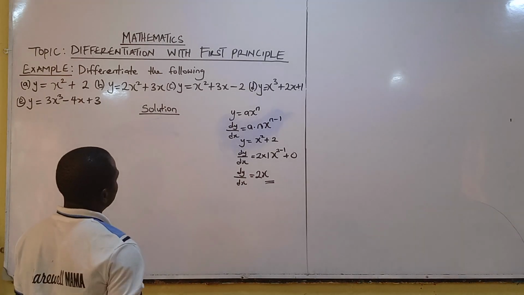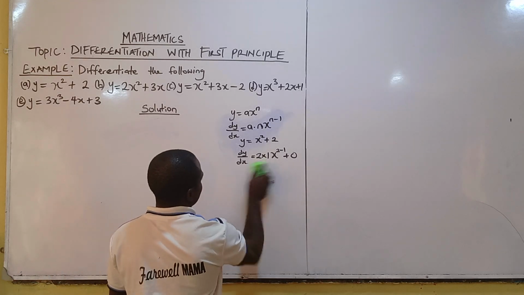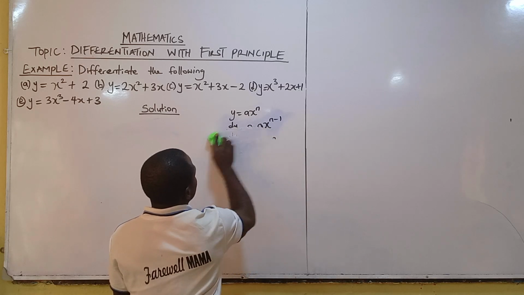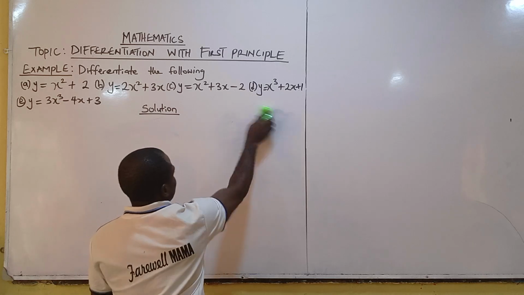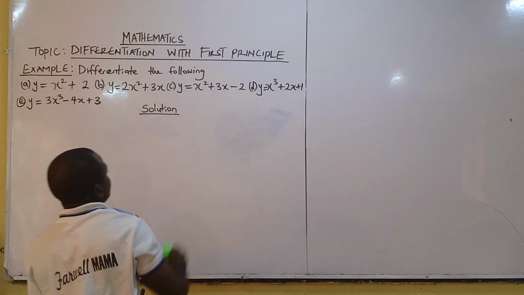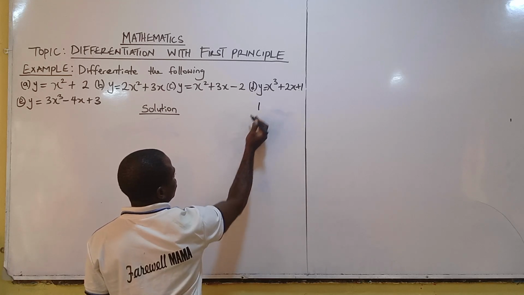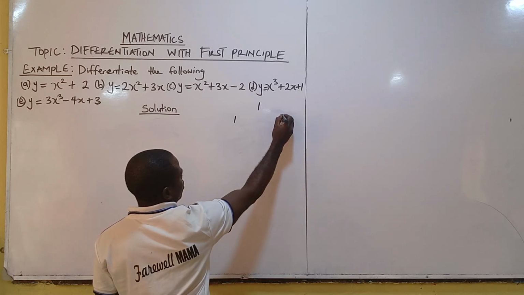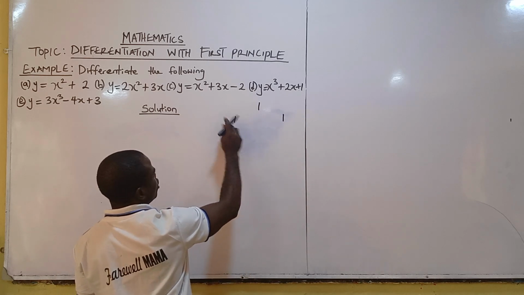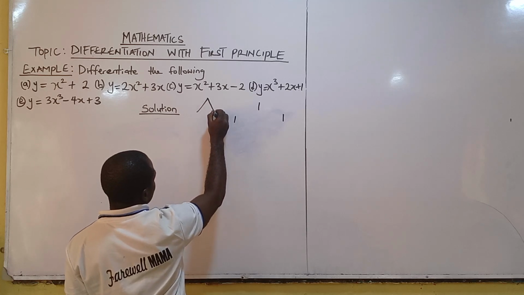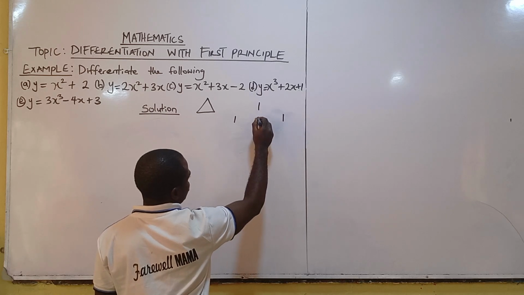Now let's use Pascal. Let's see the Pascal triangle. The Pascal triangle that we're going to be making use of is this one. Start with 1. Bring 1 here, 1 here, like a triangle. Now 1, 1, then 1 plus 1 is 2.